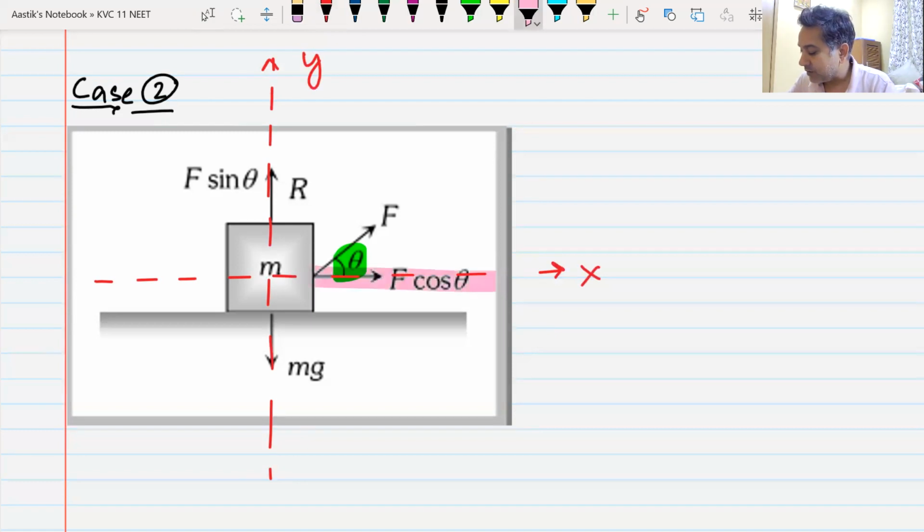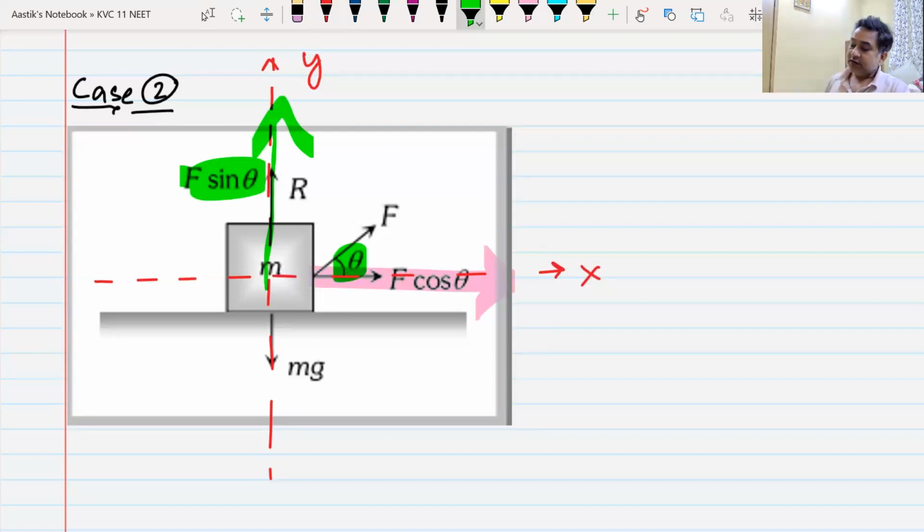So you get one component F cos theta which goes along horizontal, and another component F sin theta which goes along vertical. Do we see this, yes or no? One component of force F cos theta goes along horizontal, one component F sin theta goes along vertical.